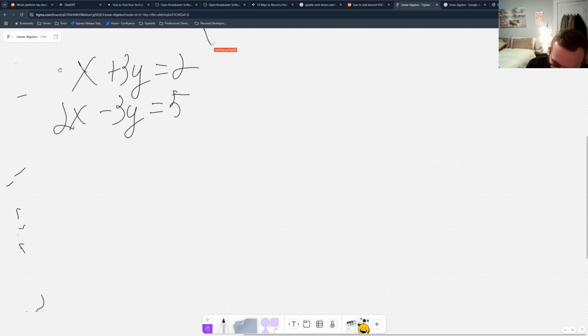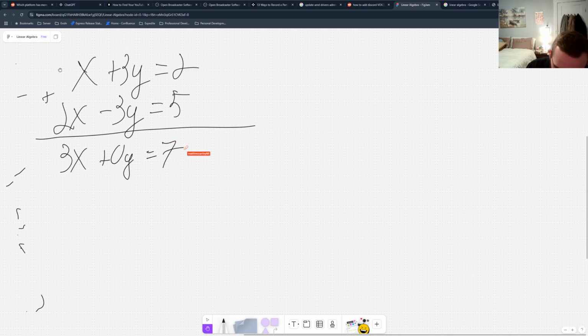We can still say x equals 2 minus 3y and then substitute it in, right? We could do that. But a easier way of doing it is we can just add these 2 rows, and then we could say 3x plus 0y equals 7, and then x equals 7 over 3.